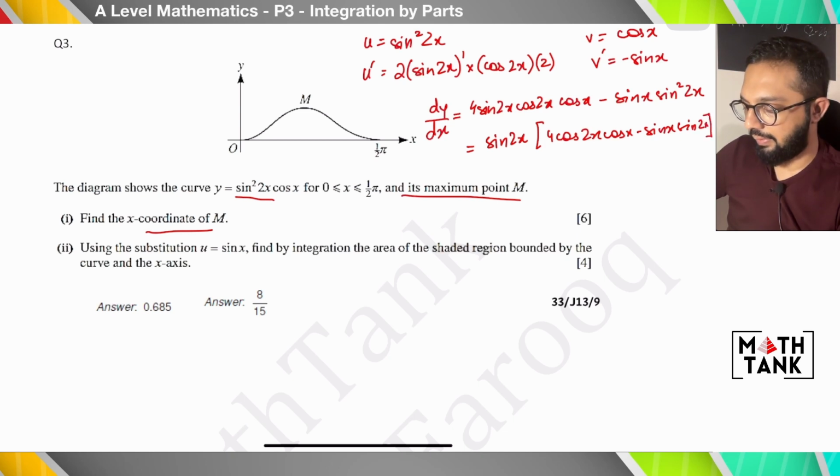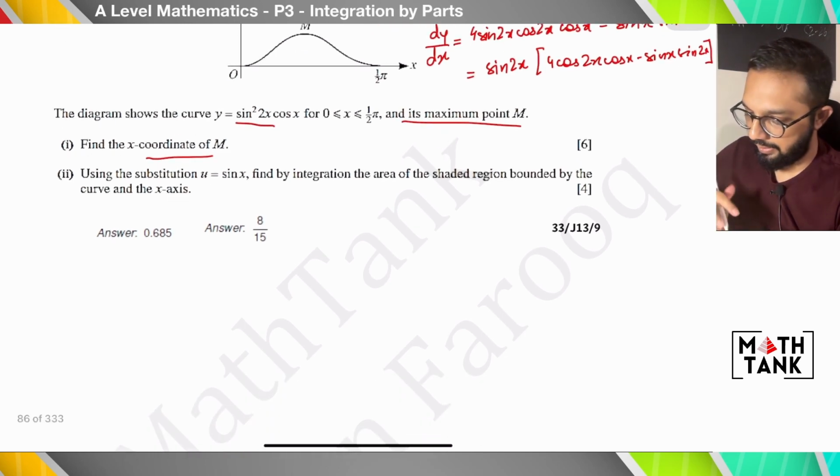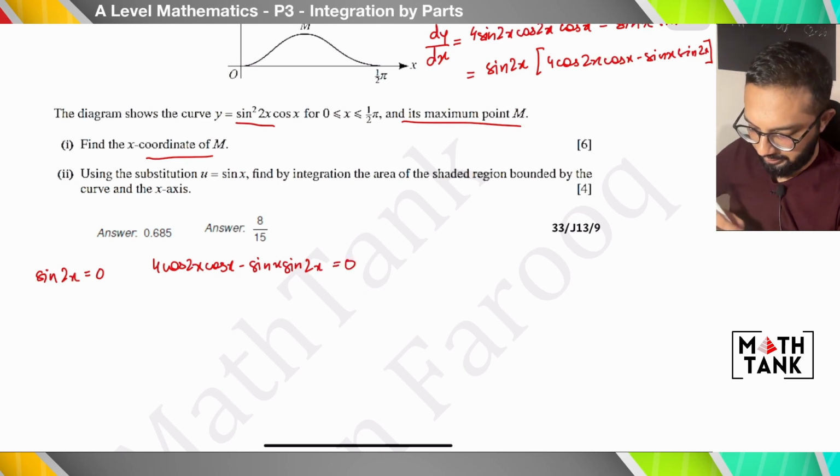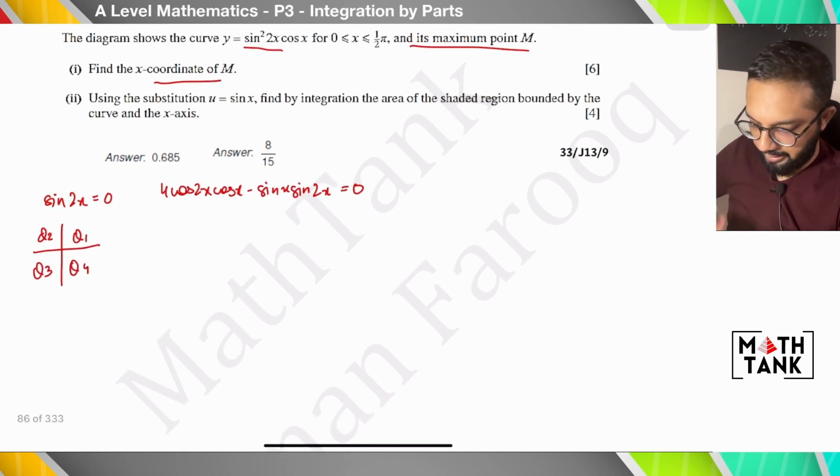I will try to solve this. It's a 6-mark question, so it's probably going to take me a bit. So sine 2x equals 0, or 4 cos 2x cos x minus sine x sine 2x equals 0. For sine 2x to be 0, it could be in any of these quadrants. Sine inverse of 0 is 0.